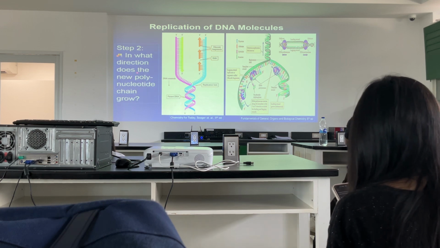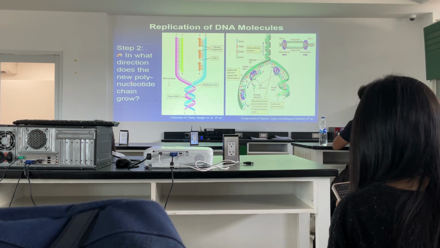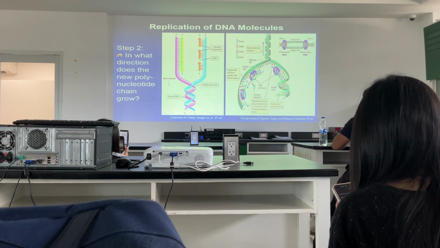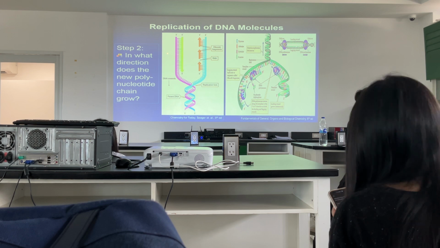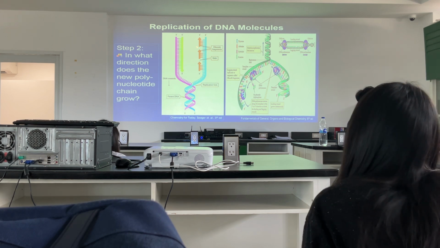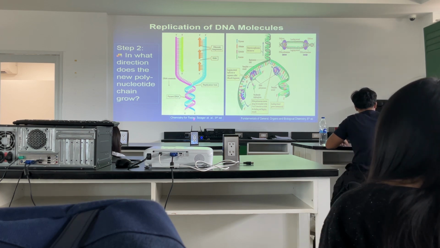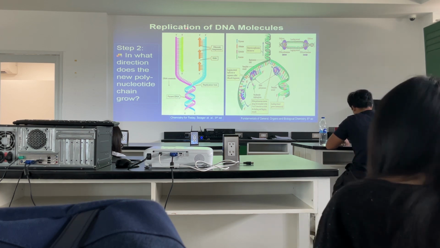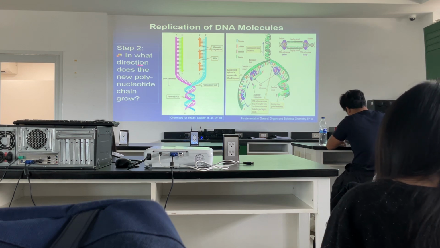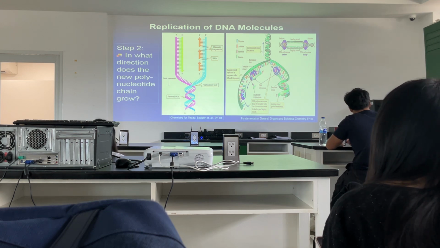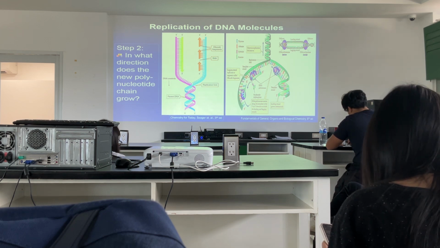Now, in what direction does the new polynucleotide chain grow? It will grow from the 5' to the 3' end. So do not be confused, because if a new strand will be formed from this template strand, then the direction of the growing of the new polynucleotide chain will be from the 5' to the 3' end, because if these two will now become a DNA molecule, then the two strands, always remember, run in opposite directions.